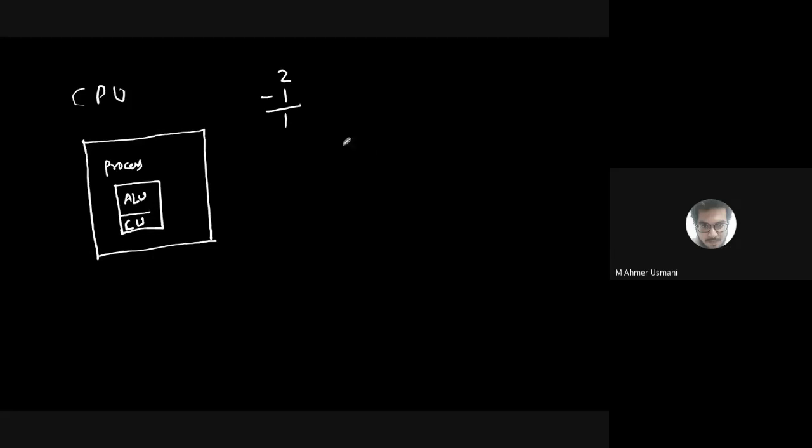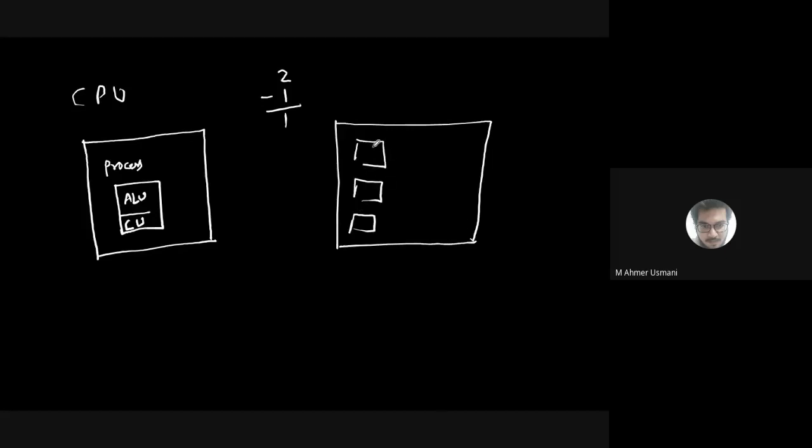ALU के अंदर छोटे छोटे सर्किट्स होंगे. This will be called an adder circuit, one will be called an AND circuit, other will be an OR circuit, XOR circuit. ऐसे बहुत सारे सर्किट होंगे.